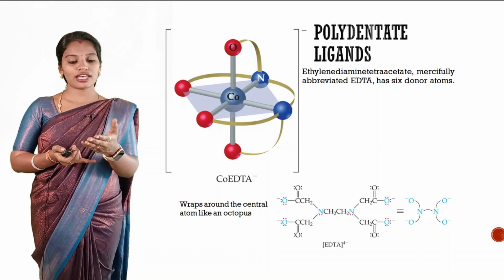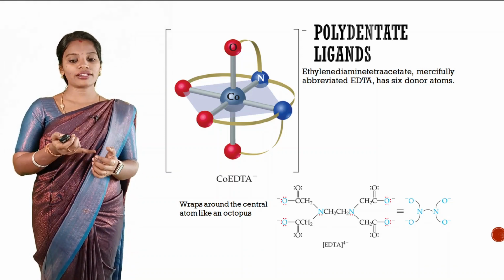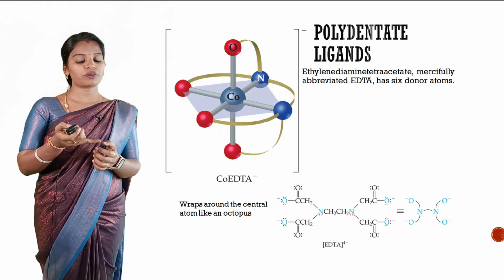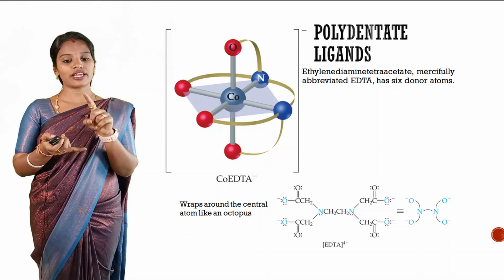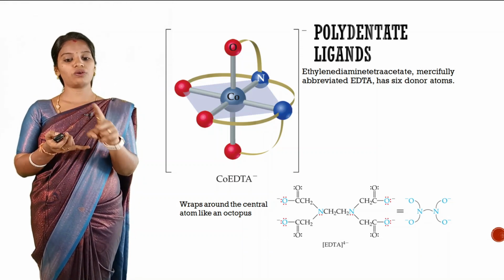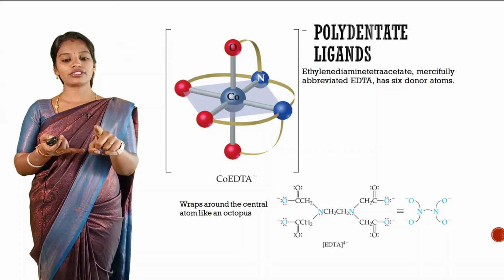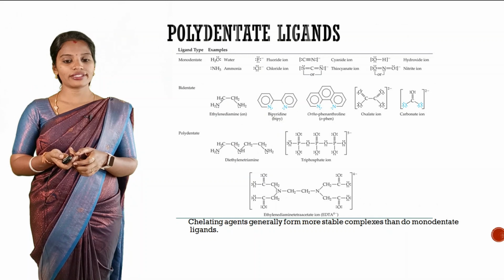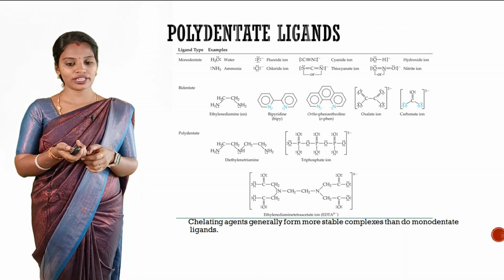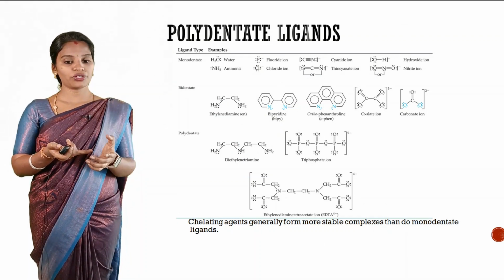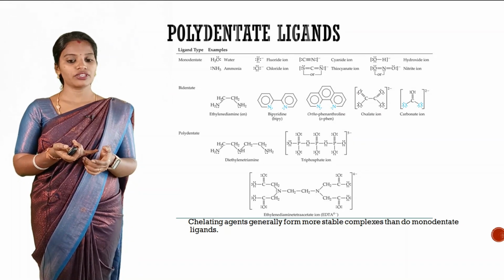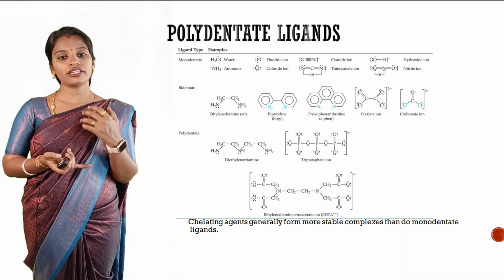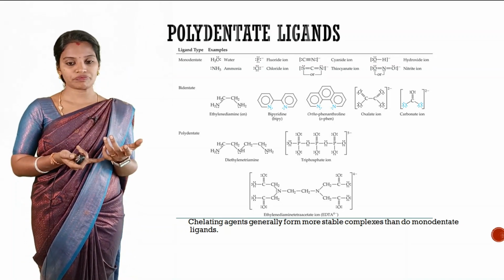Look at the example, cobalt EDTA, where the nitrogen atoms are represented in blue color and the oxygen atoms are represented in red color. So these are the examples, as I told you already, of polydentate, monodentate and bidentate ligands. Chelating agents generally form more stable complexes than monodentate ligands.